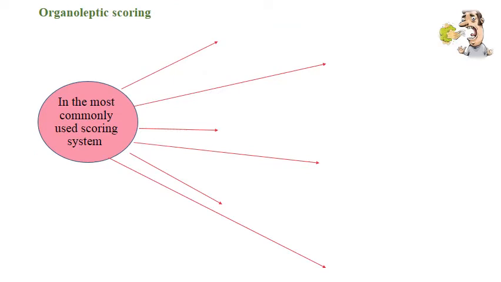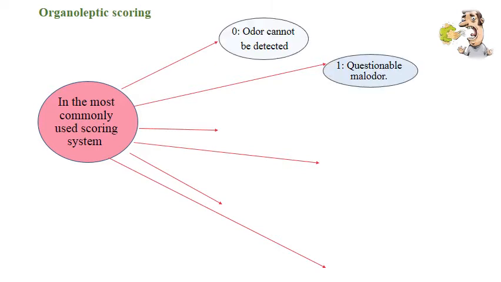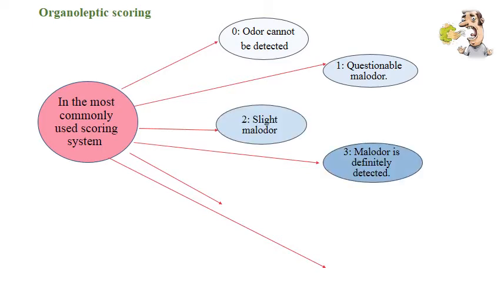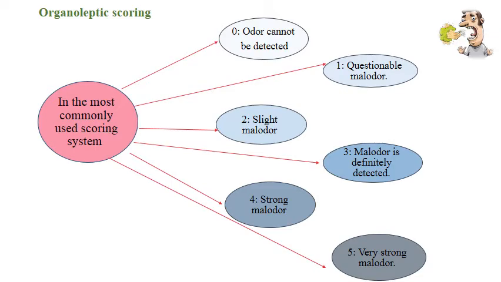Oral malodor can be detected by the intensity scale of Rosenberg. This scale includes 0, odor cannot be detected, 1, questionable malodor, 2, slight malodor, 3, malodor is definitely detected, 4, strong malodor, and 5, very strong malodor.